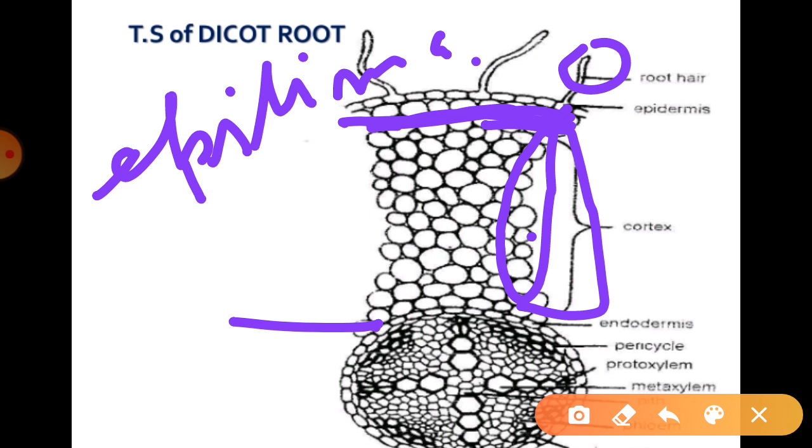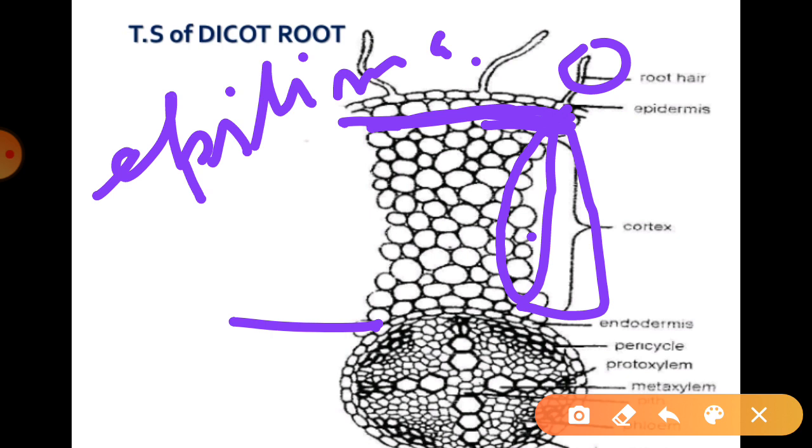These Casparian strips are made up of suberin and lignin, as I told you. They are tightly packed, so there is no chance of intercellular spaces, and these strips prevent plasmolysis of endodermal cells. Because of this suberin and lignin, the Casparian strips do not allow water to go inside.